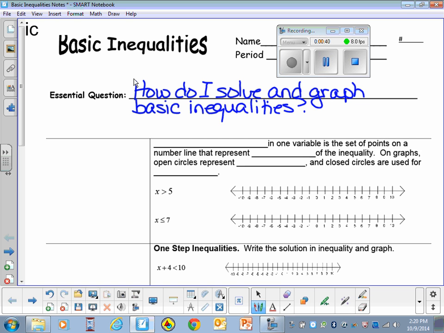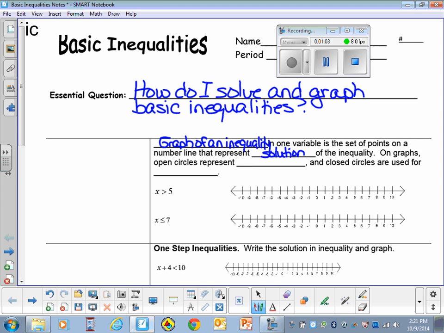Okay, the graph of an inequality in one variable is the set of points on a number line that represent the solution to the inequality.